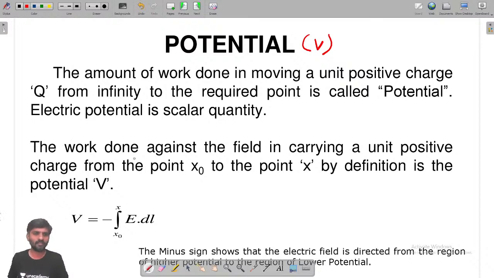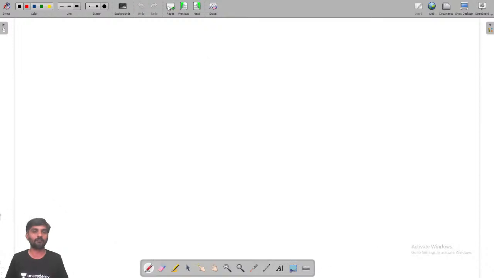The work done against the field in carrying a unit positive charge from the point X naught to the point X, by definition, is called potential.